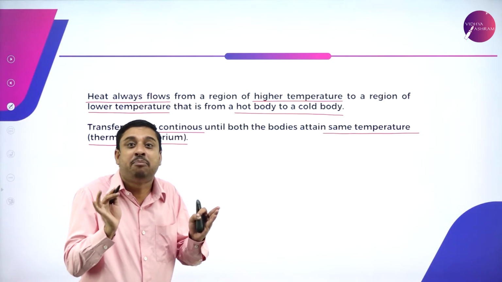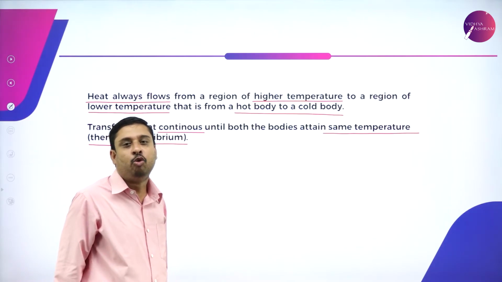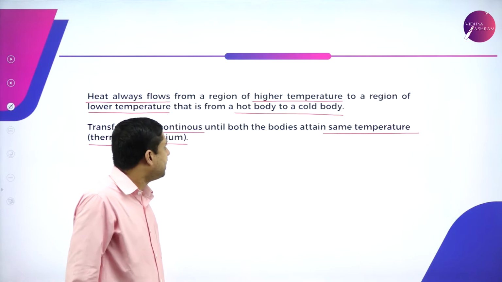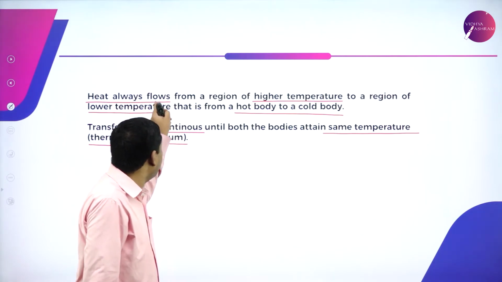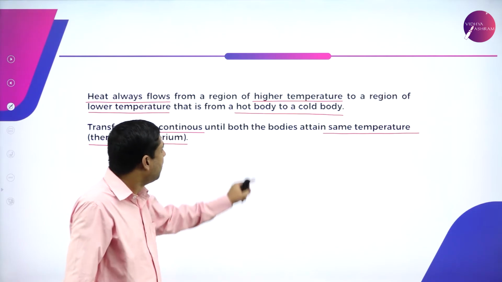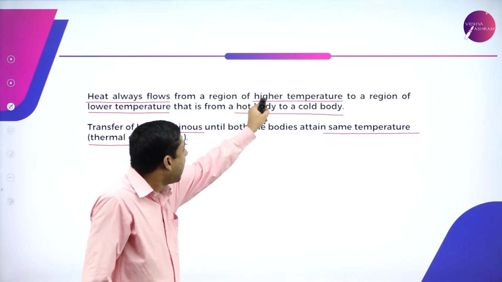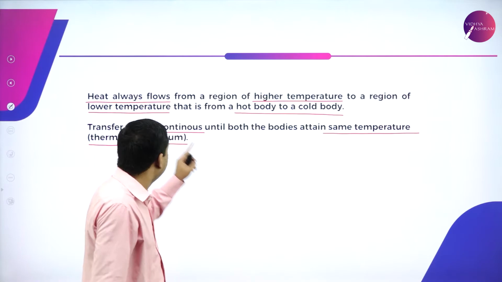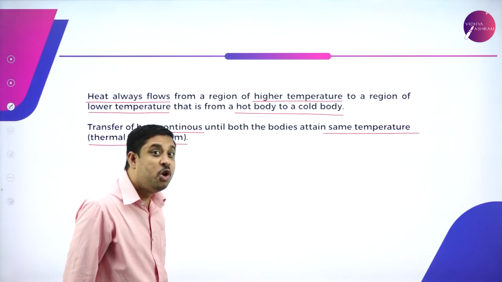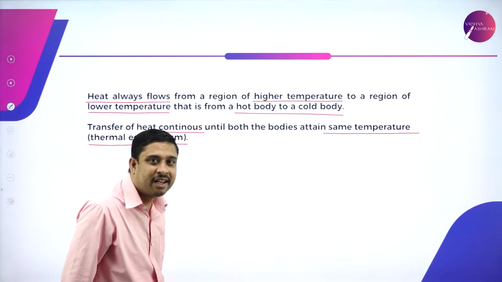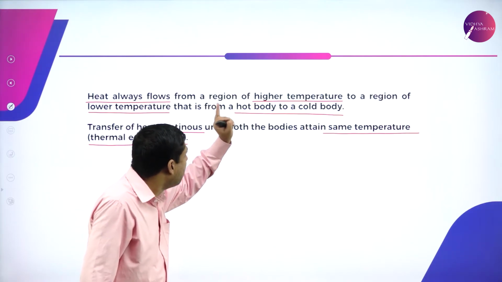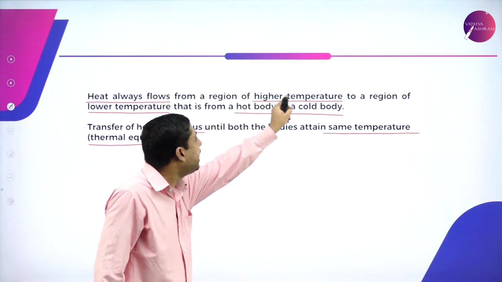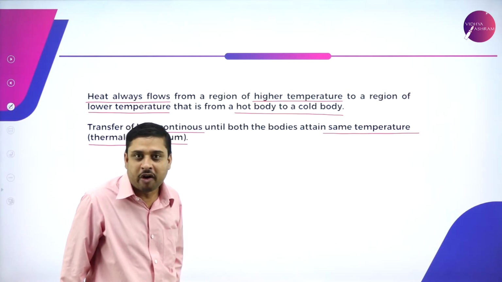Thermal equilibrium is heat balance between two bodies. Therefore, understand students, heat always flows from a region of higher temperature to a region of lower temperature, from a hot body to a cold body.